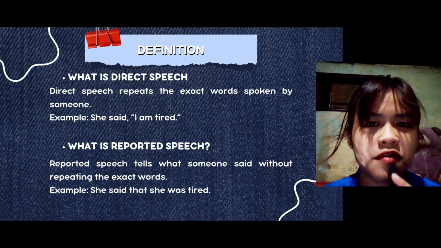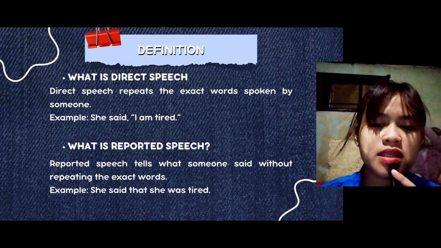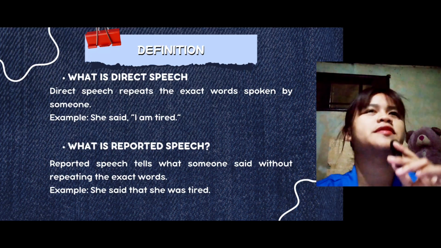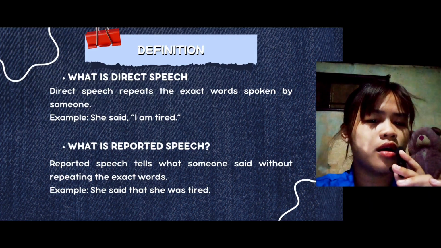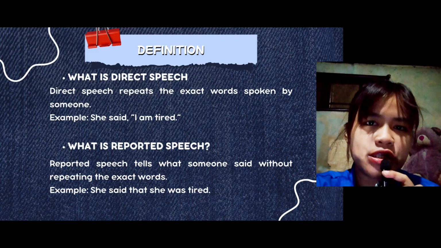So for the first one, definition. What is direct speech? Direct speech repeats the exact words spoken by someone. For the example, she said, "I'm tired." And then what is reported speech?